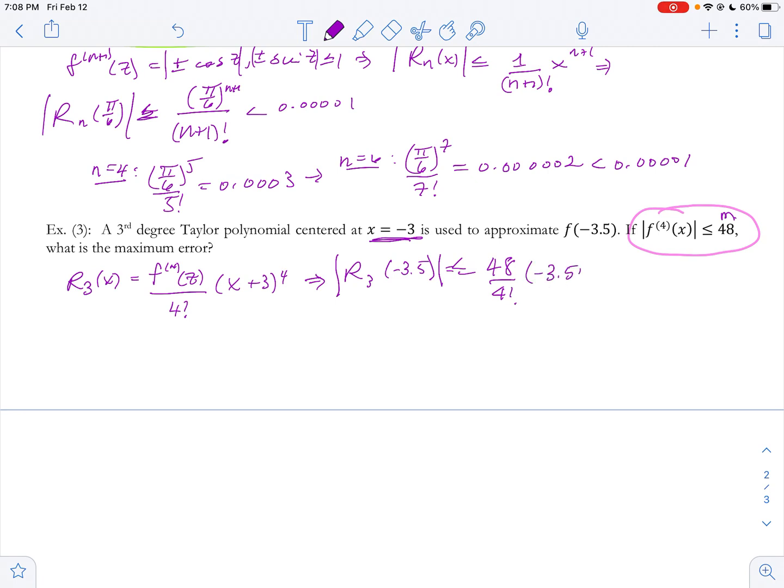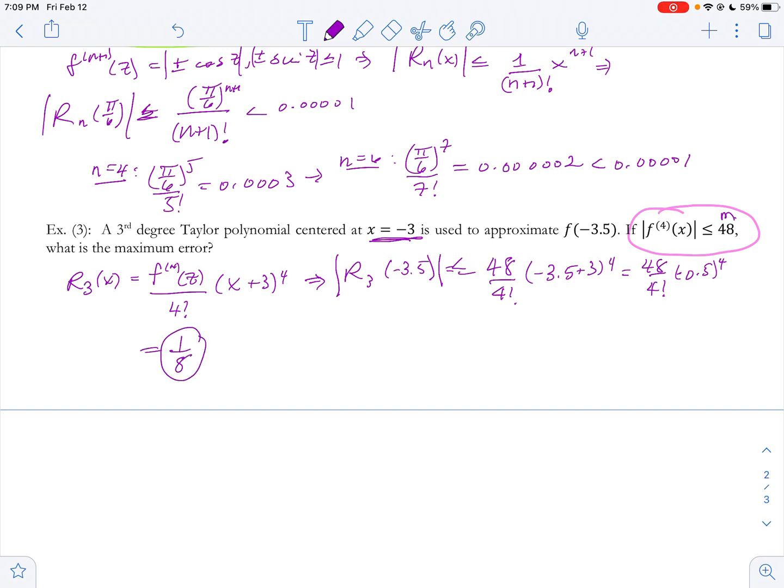All I have to do is plug in 48 over 24, which is really just 2, times negative 0.5 to the 4th. When I put that into my calculator, I get 1/8. And so therefore, 1/8 is the maximum error that we would get.